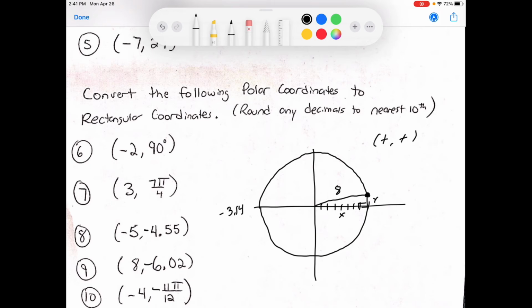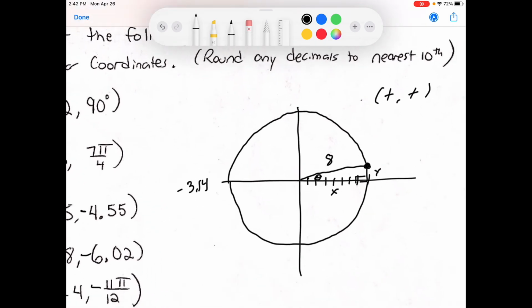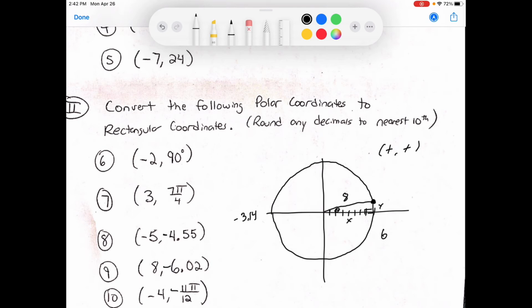Okay, so now we need to figure out what theta is. And so we can change our radian to a degree. We can do 6.02 times 180 over 3.14. Or you could do 6.28 minus 6.02, and that's 0.26.